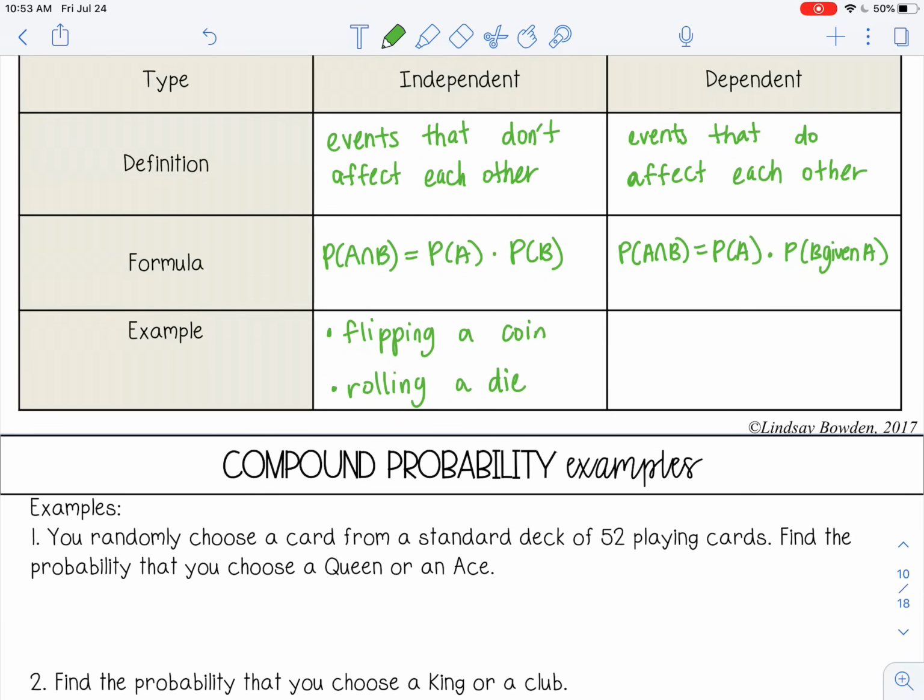They don't affect each other. An example of a dependent event would be drawing a card from a deck of cards without replacing it. So if you have a deck of 52 cards and you draw one, but you don't put it back, the next time you draw a card, you have 51, so you have changed the next probability. So they are dependent upon one another.